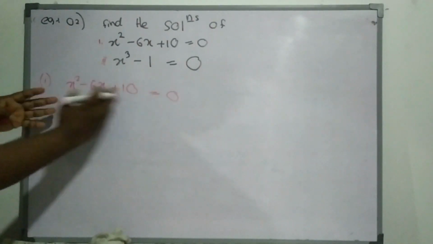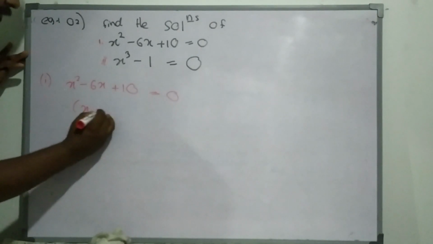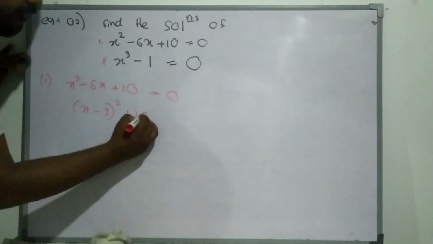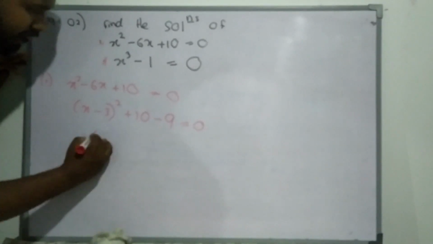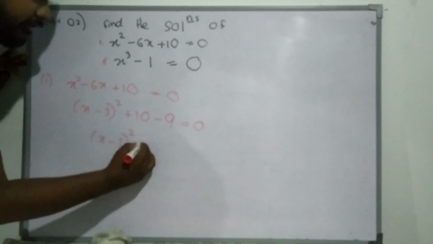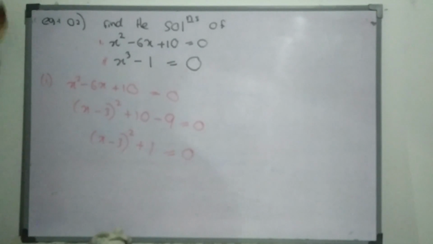So we don't have factors directly, then I'm going to complete the square: x squared minus 6x plus 9 plus 1 equals 0. All things square plus 1 equals 0.